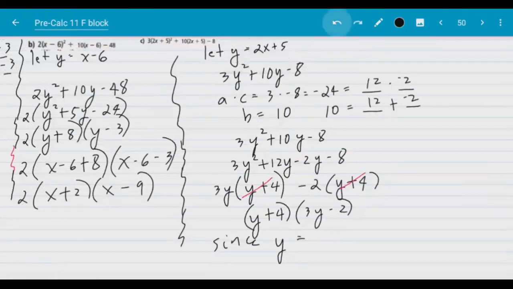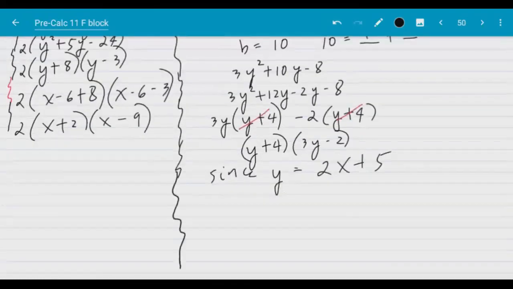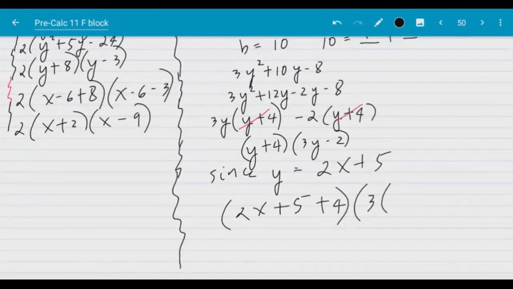2x plus 5. Since y equals 2x plus 5, if we are going to bring back the substitution that we did, y plus 4 now becomes 2x plus 5 plus 4, right? Times 3 times y, which is 2x plus 5.